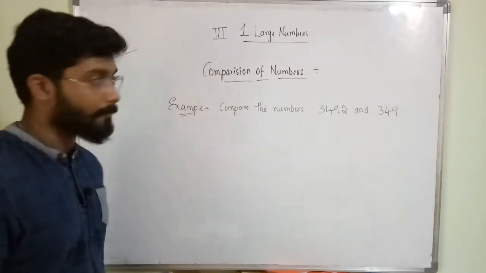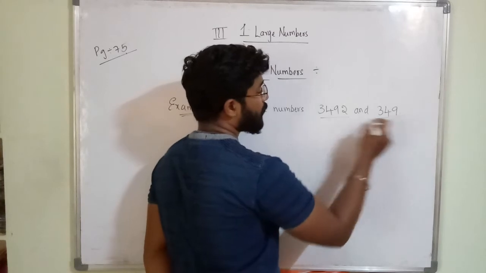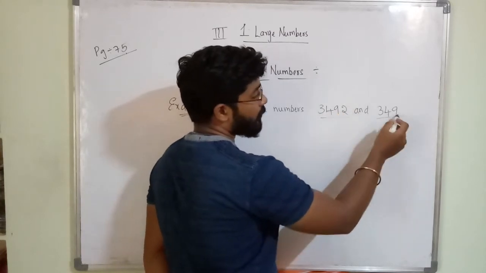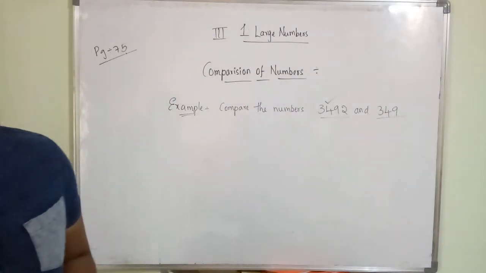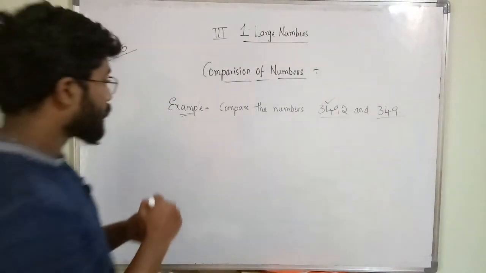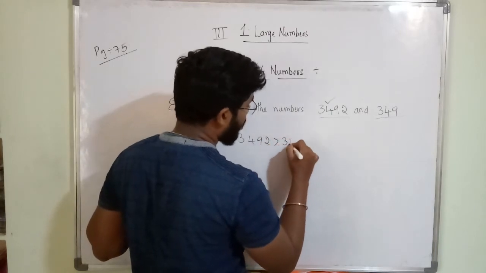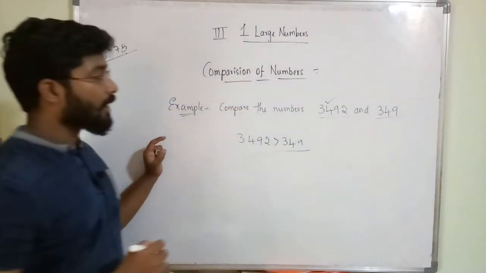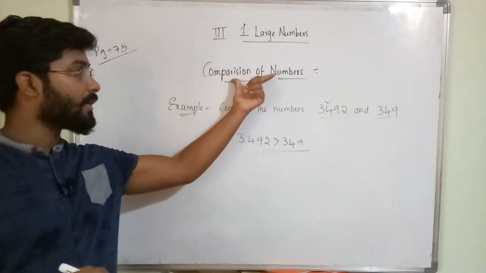Here you have 4 digits, here only 3 digits, so this is the greater number. So 3492 is greater than 349. We are comparing both the numbers, so that's why this heading is comparison of numbers.